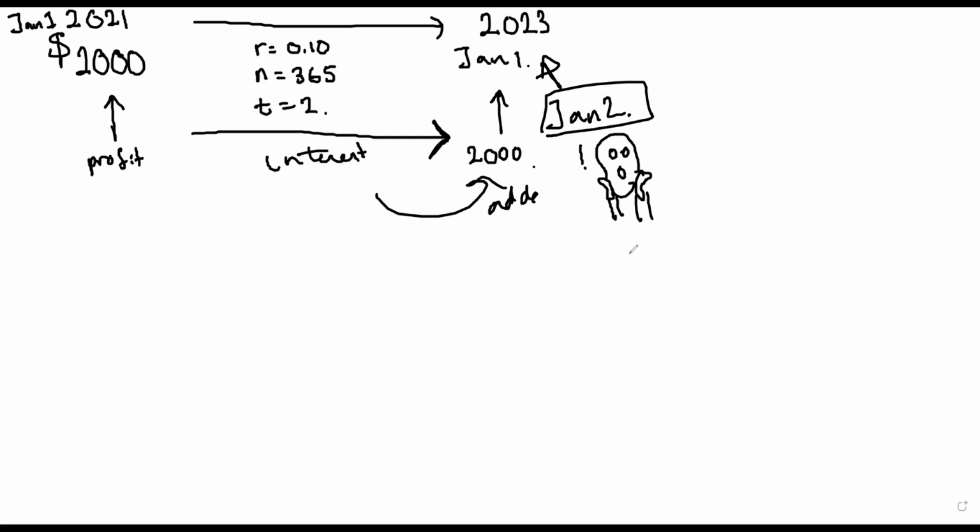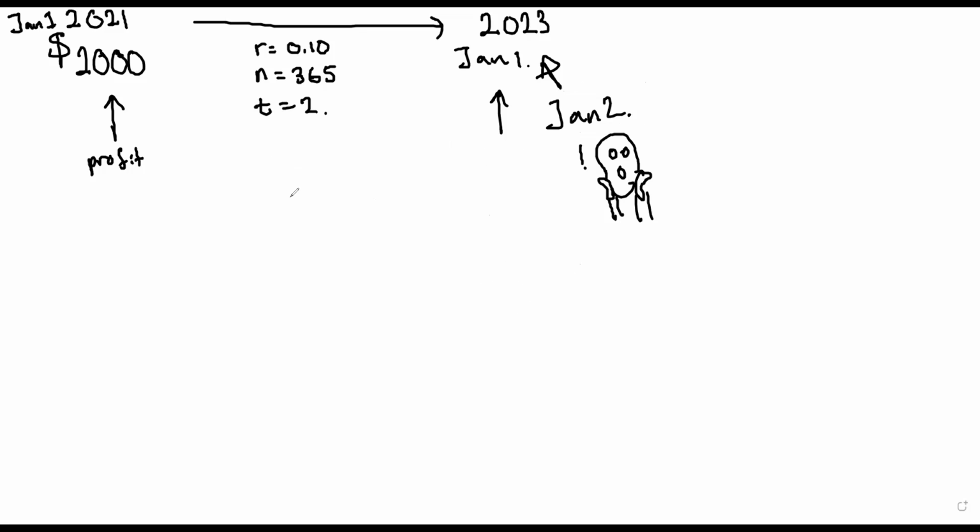Okay, so let's figure out how much interest you would have to pay if you were irresponsible. Let's do it. My present value, my current amount, my principal would be 2000. My final amount, I do not know. And all the information is here for us. So let's do it.